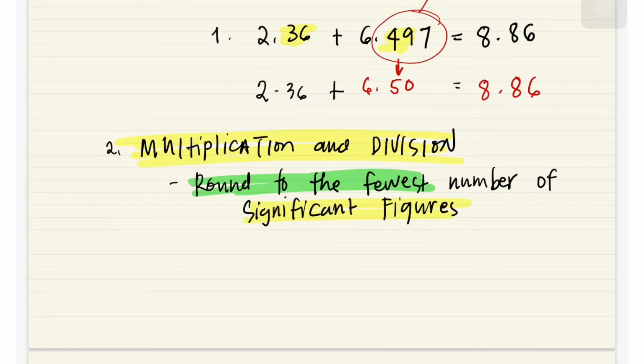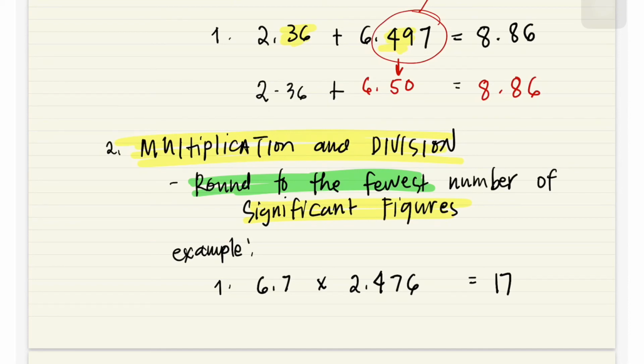So let's have an example. We have 6.7 times 2.476. The answer is 17. How do we do that? By rounding off numbers.